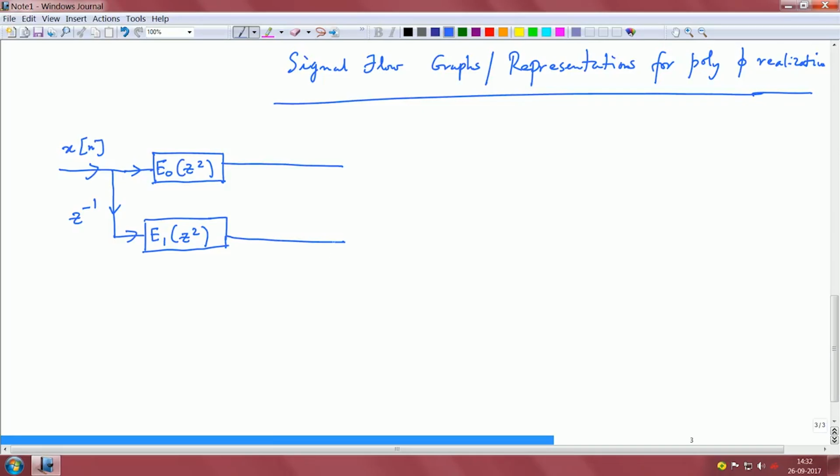Now, I take this component here, add them up with this branch, I get x naught n, then I have a gain of -1 here, I add from the first polyphase component and I get x1 of n. So, basically this is sort of a two band representation. Two subbands we have, and we have signals x0 and x1 that are realized through polyphase representation. So, this is the analysis bank.